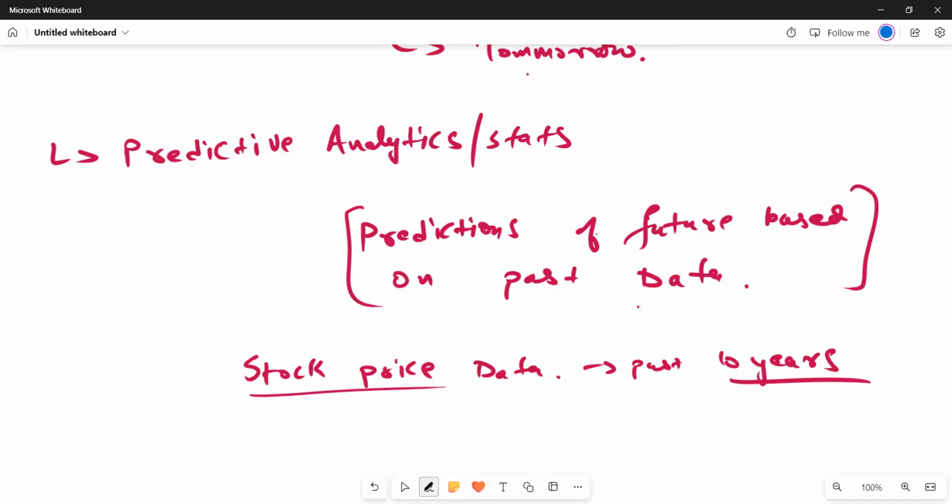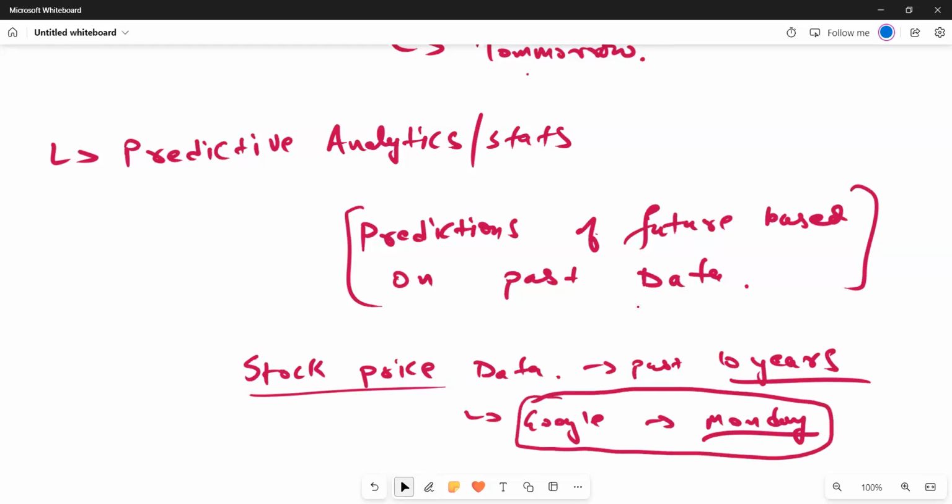Saturdays, the stock market is basically closed, right? So until Friday, you'll have this data. And let's say I want you to make a prediction, what will be the stock price of, maybe, Google on Monday, the day the market opens, right? So this is basically we are trying to make a prediction of the future based on past data.